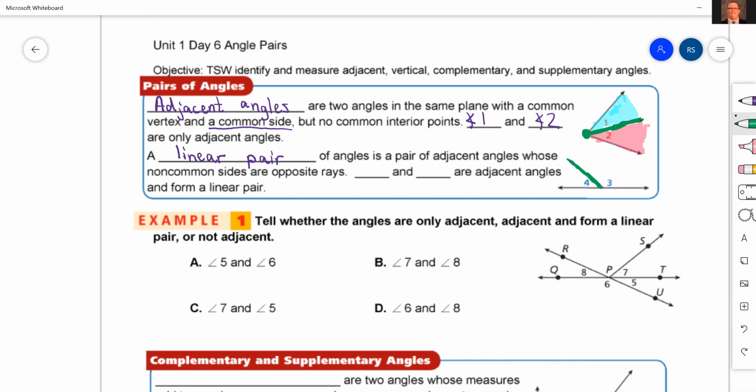They make a line. So for a linear pair, if you add the angles together, you should get 180 degrees because that's a line. So let's put this in here: angles 3 and 4 are adjacent angles.